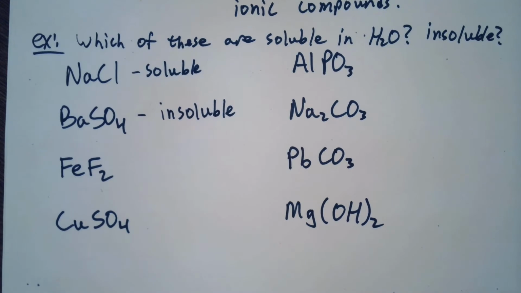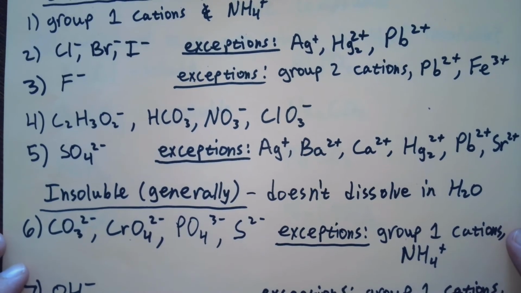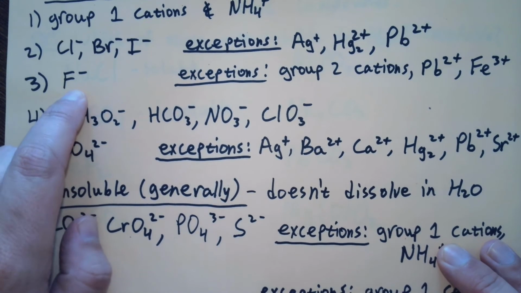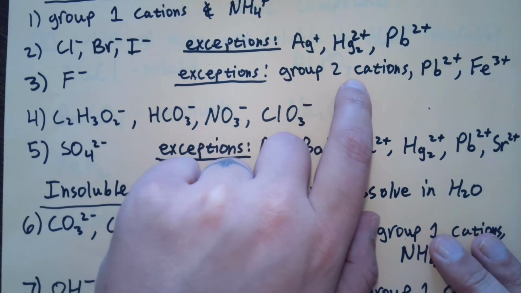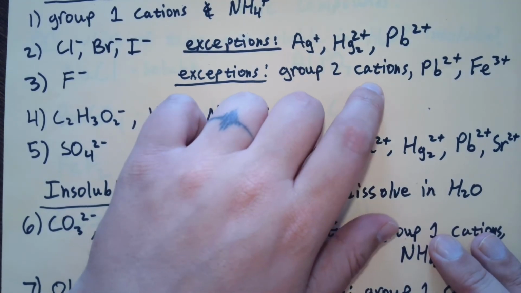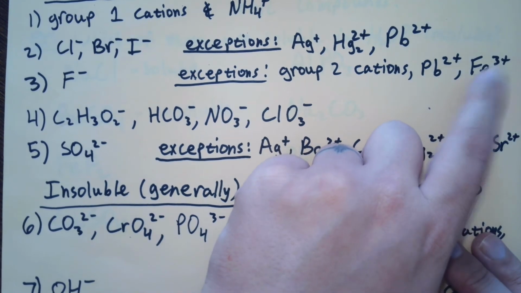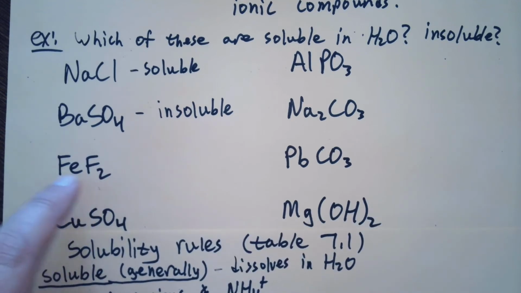FeF2. Good old FeF2. Alright, so let's see. I don't see anything about iron. What about fluoride? There's fluoride. Exceptions: group 2 cations. Iron is not a group 2 cation. It's not magnesium or beryllium or anything like that. It's not lead 2. And, did I get tricky on you? What do you think? You think this is going to be water soluble? What is that?